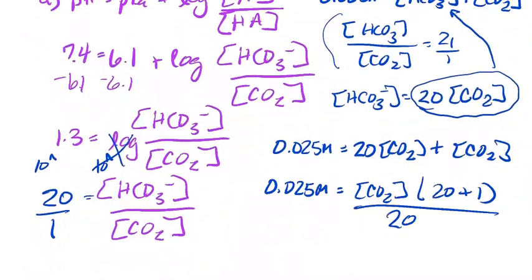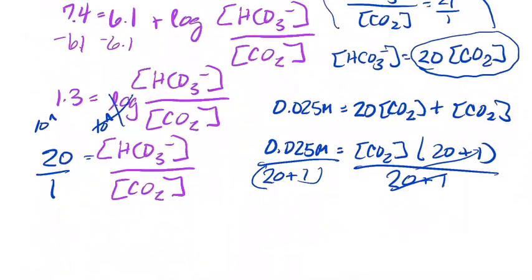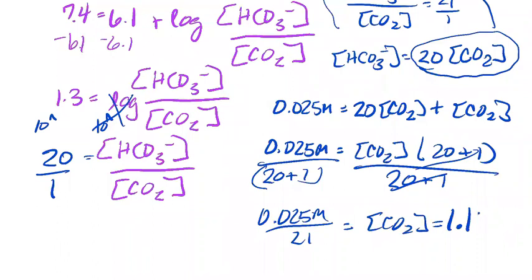Then we want to get rid of the 20 plus 1. So what do you get on this side? You get 0.025 molar over 21 is equal to our CO2 concentration, which, if you put it in your calculator, is 1.19 times 10 to the minus 3 molar, okay?